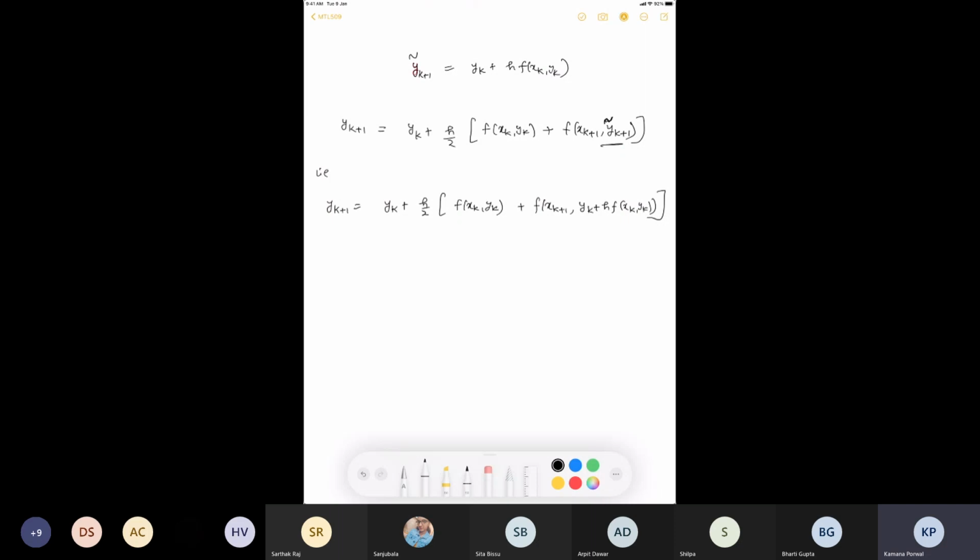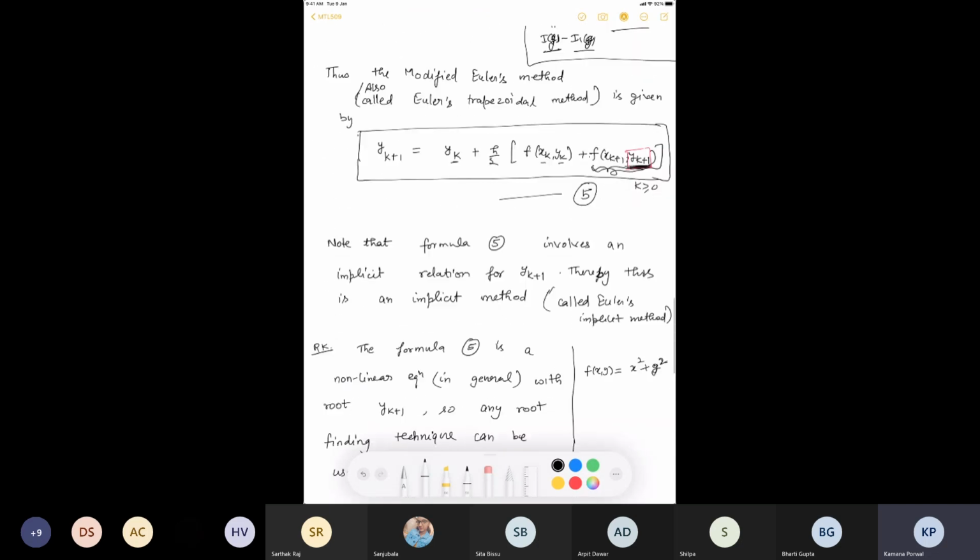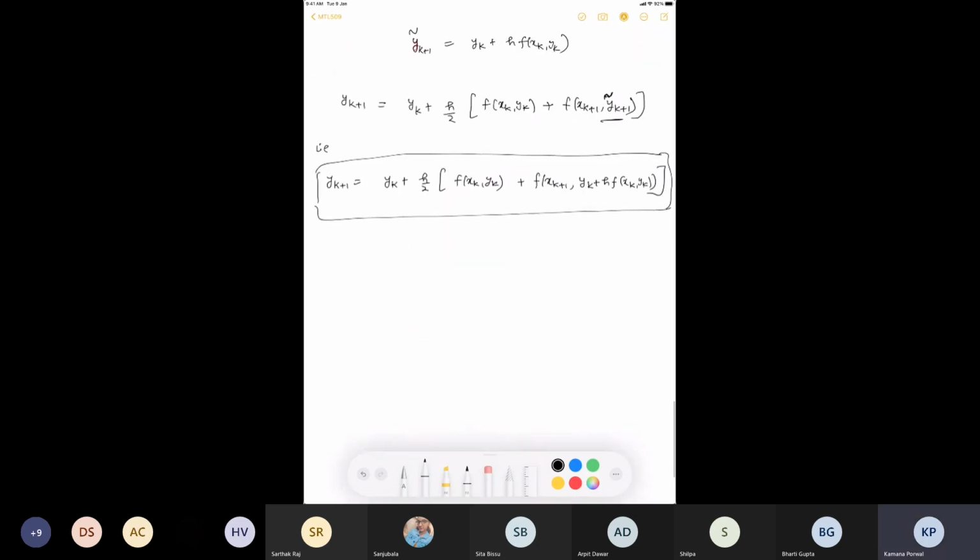Now you can see the right hand side completely depends on known things. That is, you have already computed y_k, and you know x_{k+1}. So using that, you can compute y_{k+1}. All right. Let's give it an equation number. This is 6.